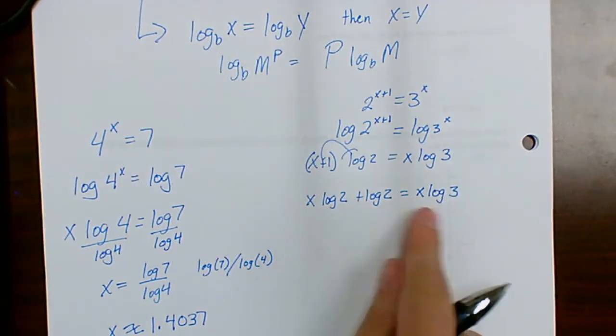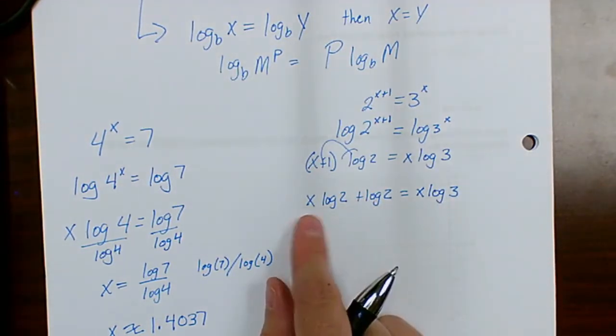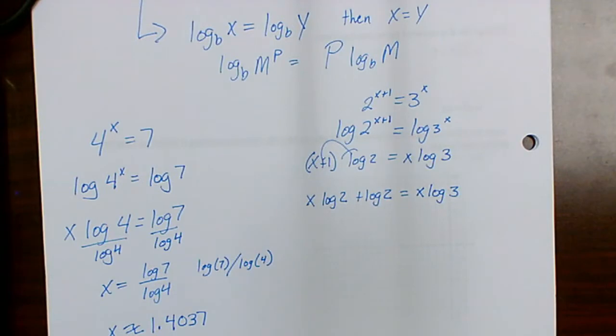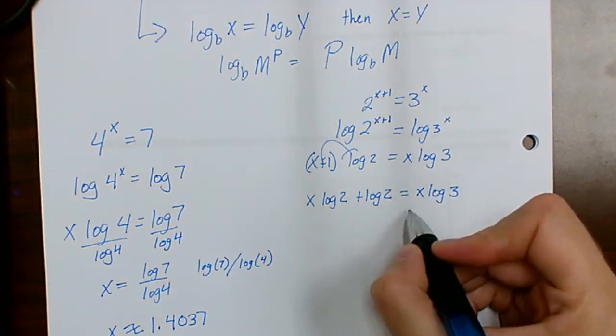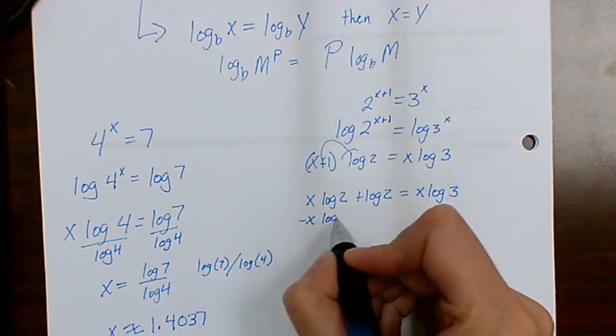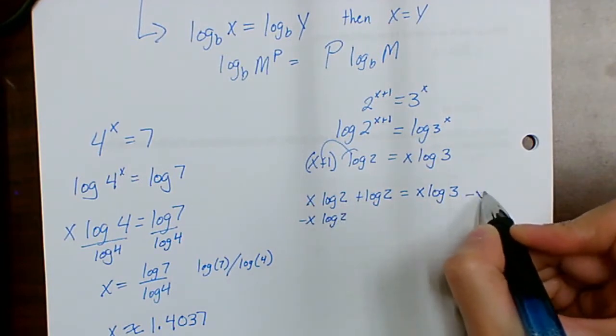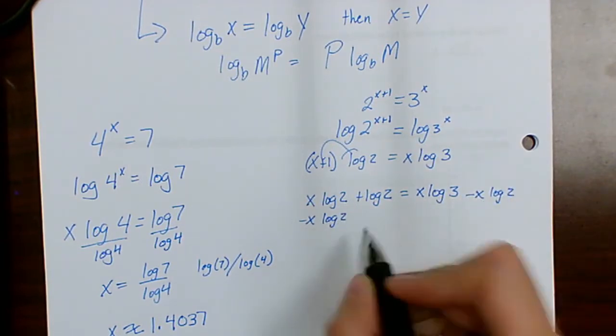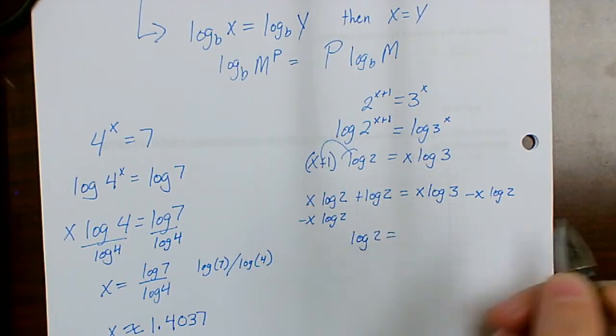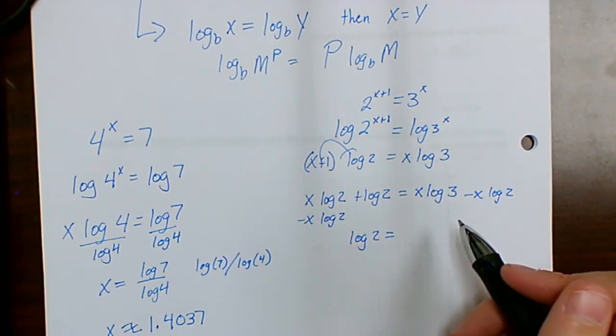Now, here's a problem. We have two x's and then a plain old number. Just remember, log 2, log 3, they are coefficients. We just knock them to the back. So we're going to subtract x log 2 over. So log 2 equals, we can condense this.